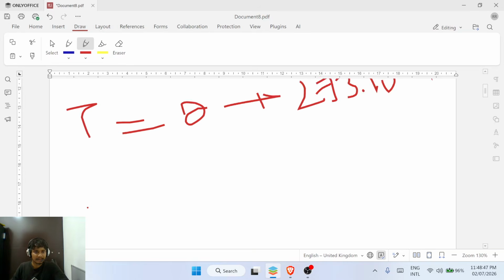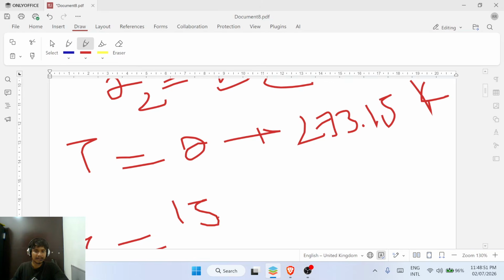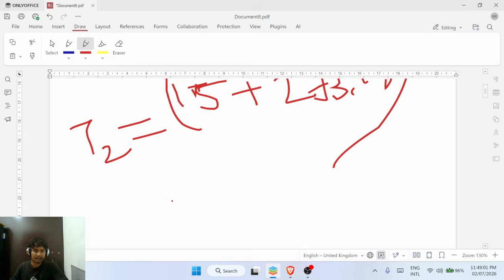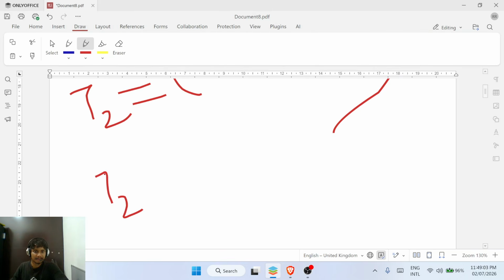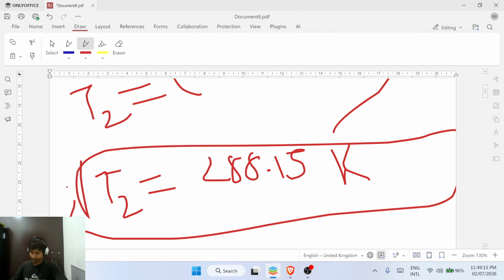T2 is equal to 15 plus 273.15 Kelvin. Finally T2 is equal to 288.15, and 288.15 Kelvin is the final temperature.